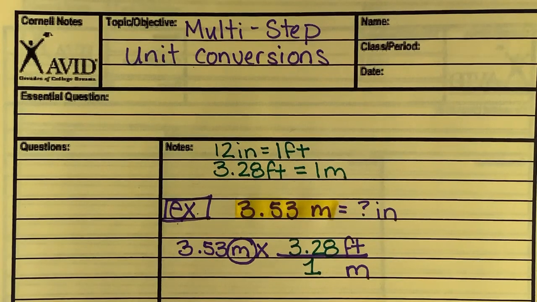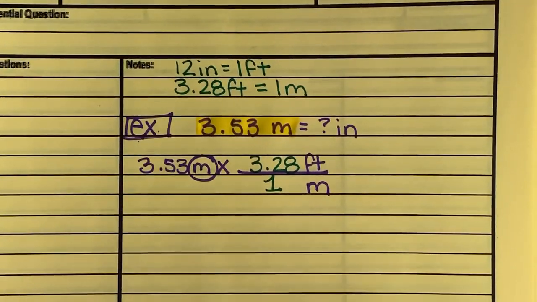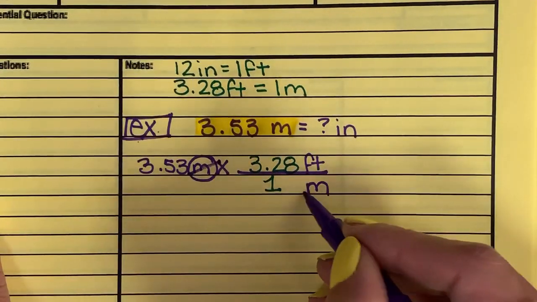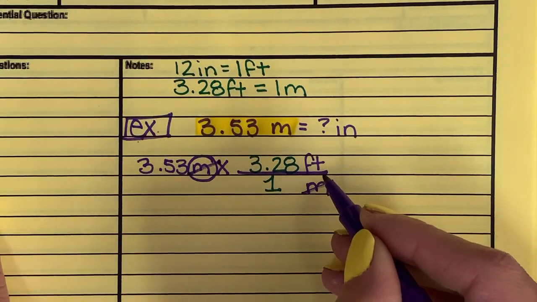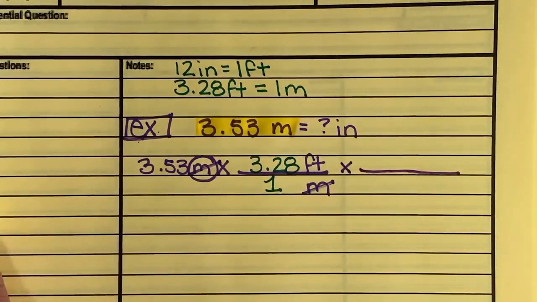But in chemistry, when we have multi-step problems, instead of showing them as each individual step and calculating each individual step, we just squish it all together, okay? So here's what I mean. My meters went away. I'm left with feet. I don't like feet, so I know I need another step.